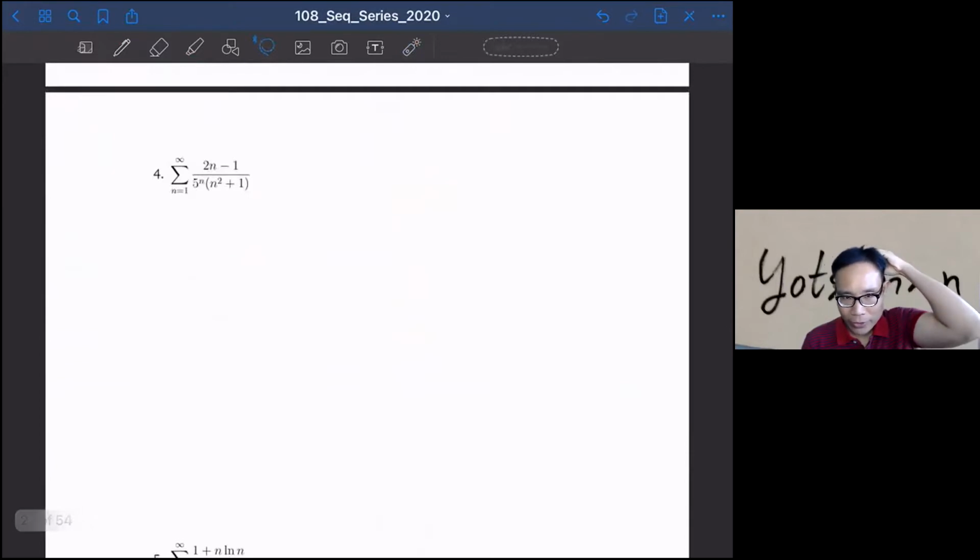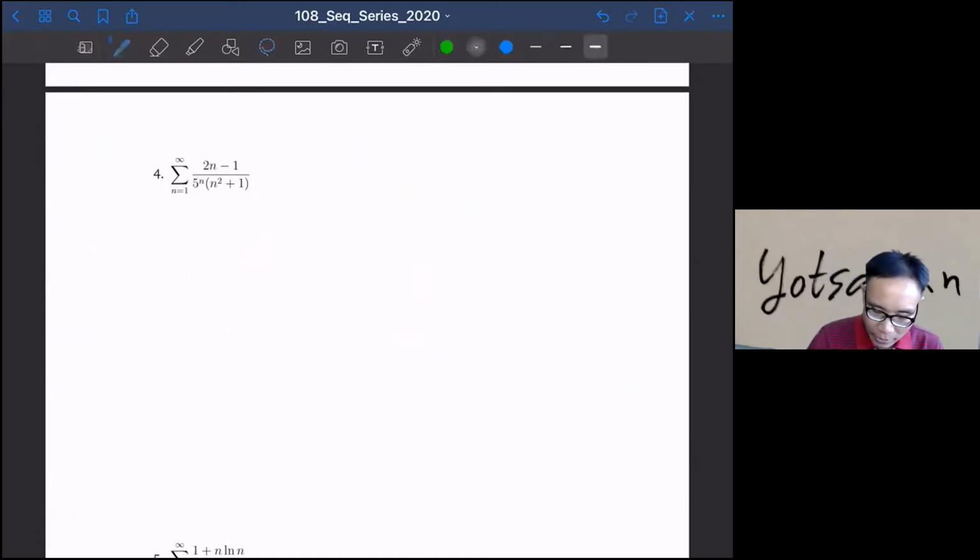For number 4 here, you can also just use the limit comparison. For this one, it's going to be a combination between geometric series.